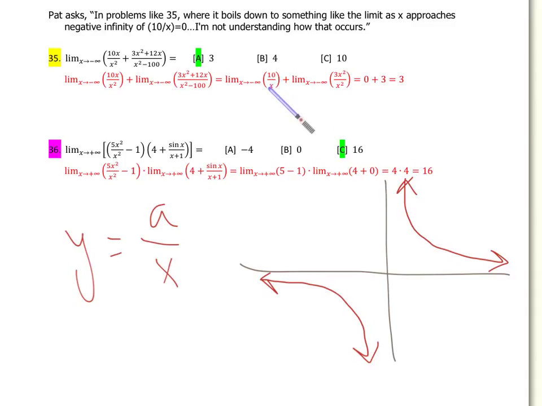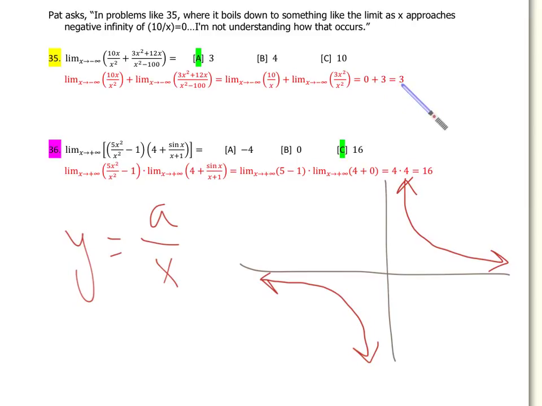The fact that it's negative doesn't change the fact that it's approaching 0. It's just approaching 0 from the negative side. So that's where that 0 comes from, and basically 0 plus basically 3 is a number that's cruising in on 3.